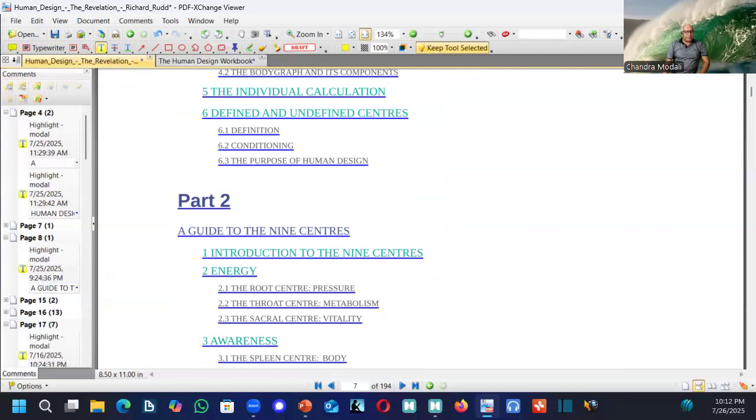Then what is energy? Root center, throat center, and sacral center. This is not the way we have read, and their functions are limited to what we have read till now. Energy is being transformed in the root center by virtue of pressure. It is experienced in the throat center through metabolism. Your pituitary gland is connected to your thyroid gland, part of this metabolism.